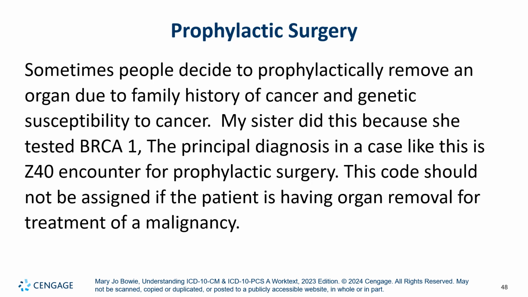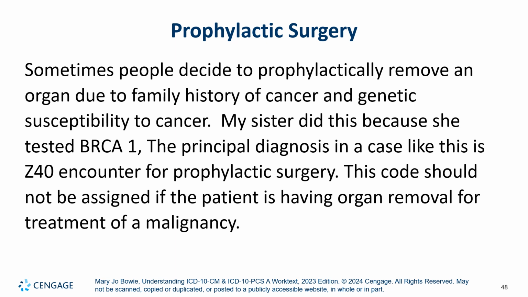Sometimes people decide to prophylactically remove an organ due to a family history of cancer or genetic susceptibility to cancer. My sister did this because she tested positive for BRCA1, which my mother also tested for. She had both breast cancer and ovarian cancer, and the ovarian cancer took her.